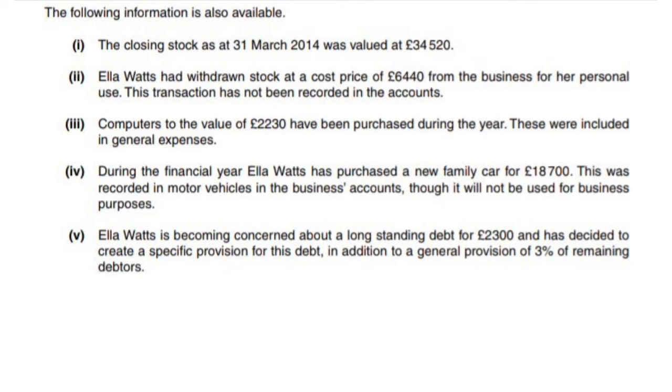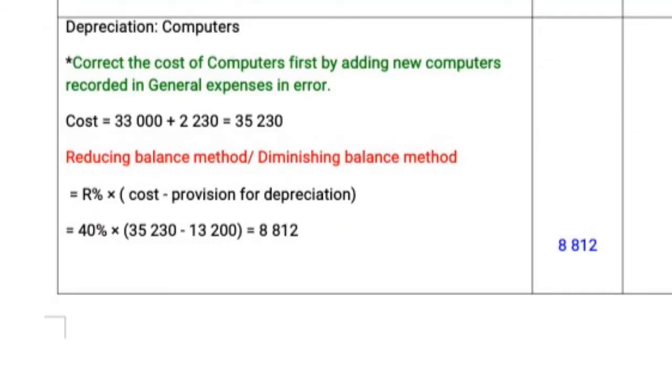It means that these computers were not recorded in the computer account. So 33,000 must be added to the 2,230. So 33,000 plus 2,230, you get 35,230. So 35,230 is the revised cost for the computers.